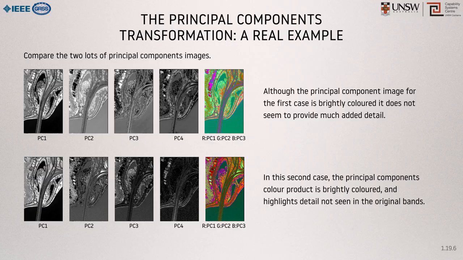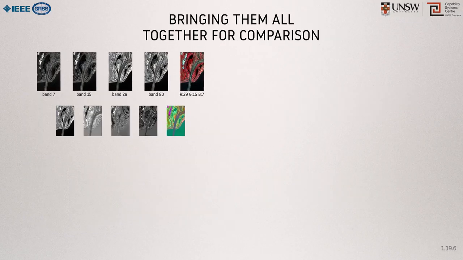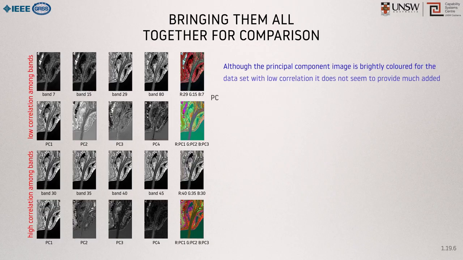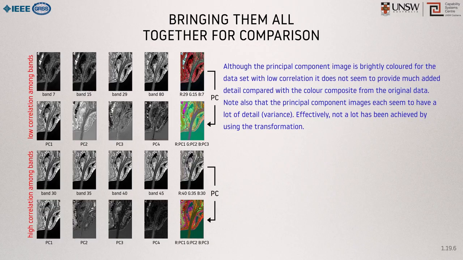This slide puts it all together, so you can see the comparison between the two examples directly. The general conclusion we should draw is that if the bands of an image dataset are not strongly correlated to start with, then computing the principal components images will not achieve a great deal.